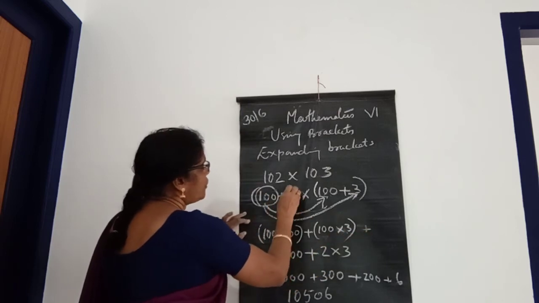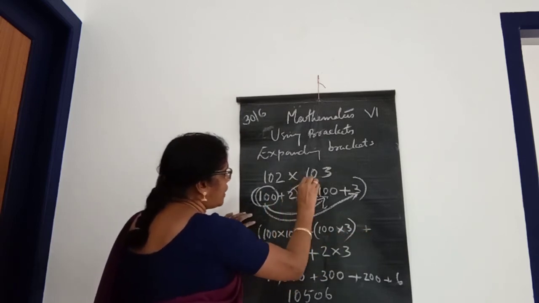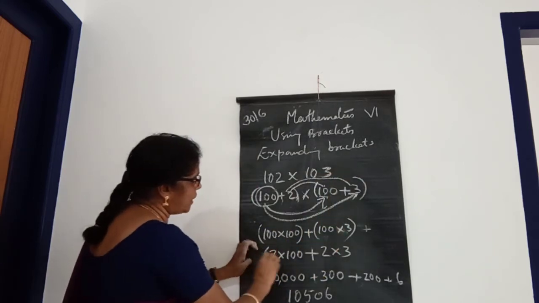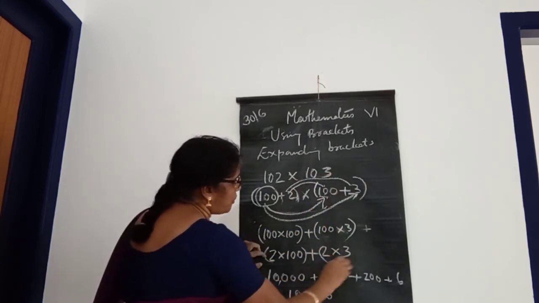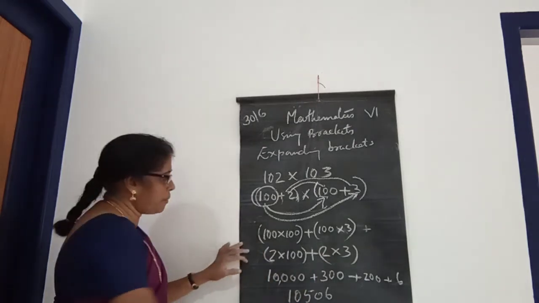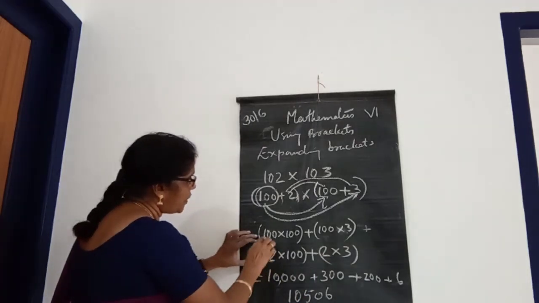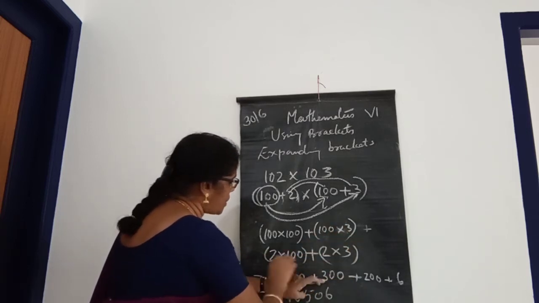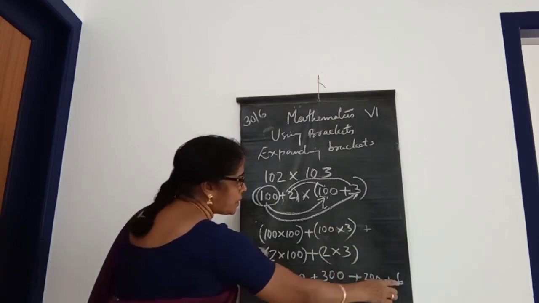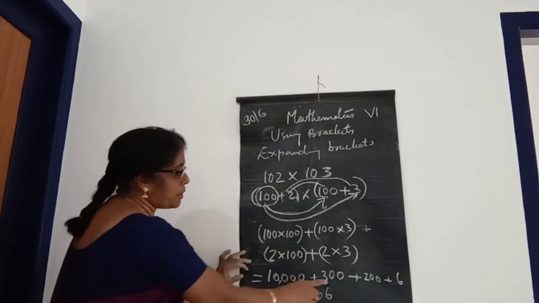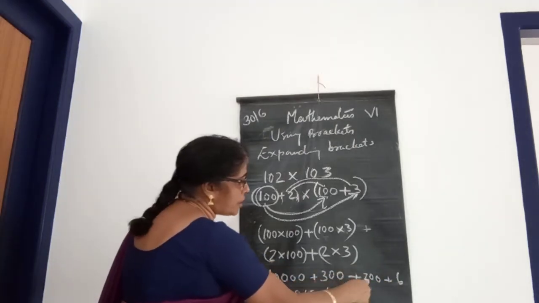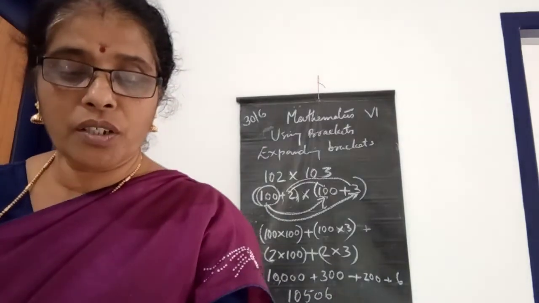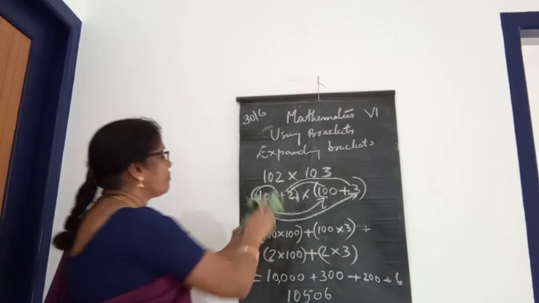Plus next, multiply 2 with 100 and 2 with 3. The next step: 100 into 100 is 10,000, 100 into 3 is 300, 2 into 100 is 200, 2 into 3 is 6. 10,000 plus 300 is 10,300, then 10,500, then 10,506. Okay, children?